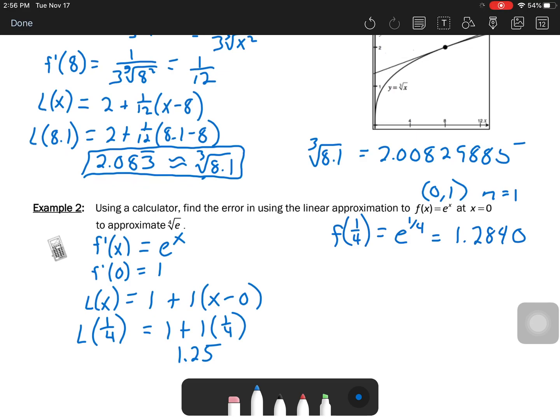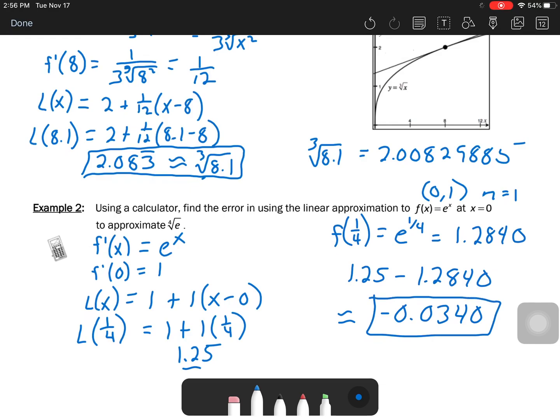So to calculate the amount of error, we're going to take the linear approximation minus the actual function, because we're using this as our base and saying how off is it from that. So our linear approximation minus our actual function value is this, and so we get an error amount of negative 0.0340.